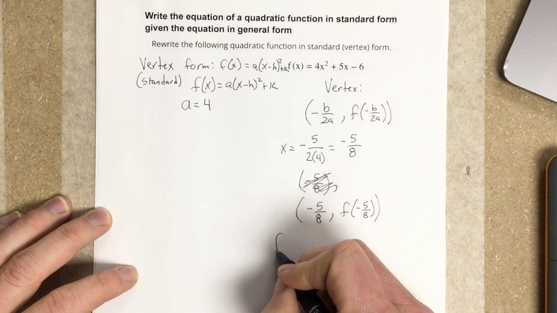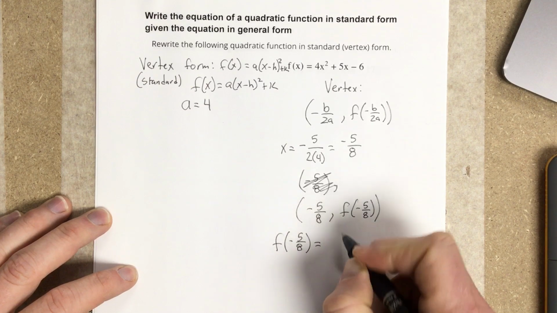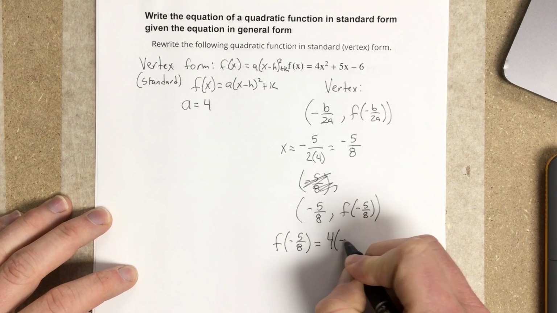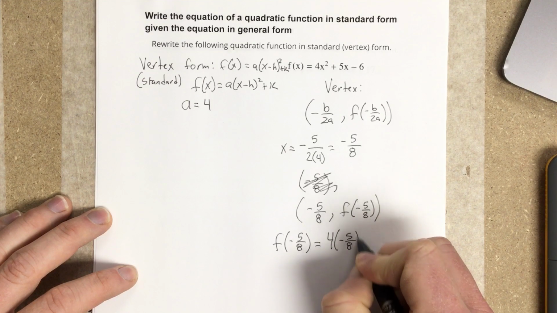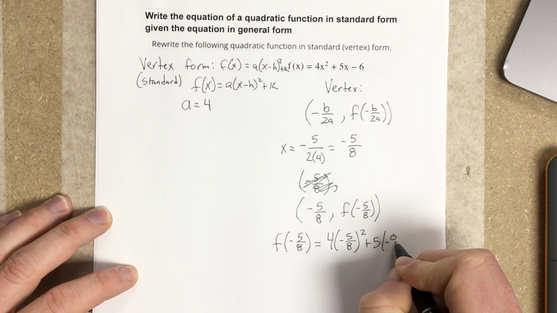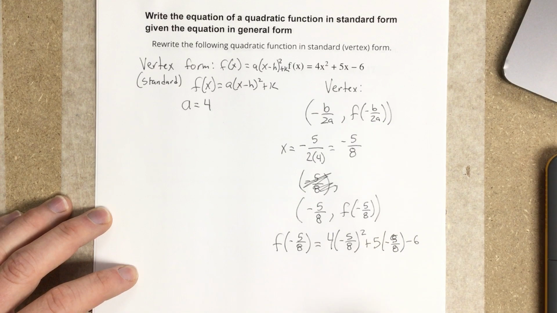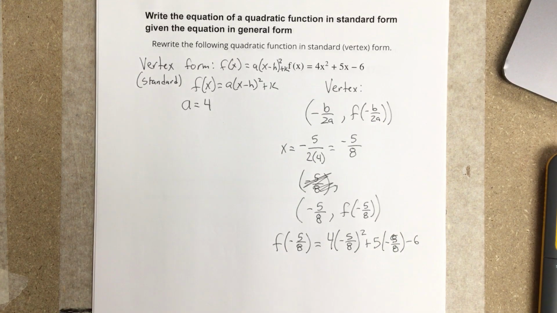Well, I'm going to have f of negative 5/8, which would equal 4 times negative 5/8 squared plus 5 times negative 5/8 minus 6. Let's go ahead and use a calculator to do most of this.